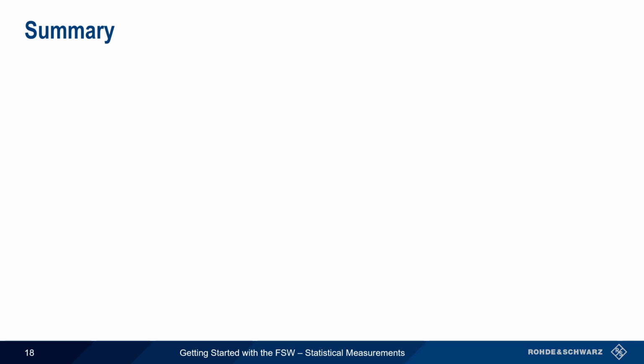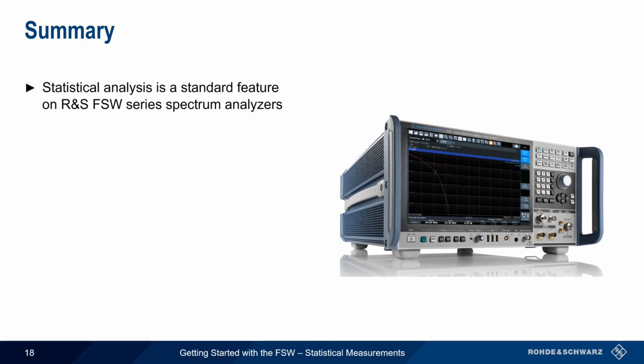Let's end with a brief summary. Statistical analysis is a standard spectrum measurement feature on all Rohde Schwarz FSW series signal and spectrum analyzers. The FSW supports both the amplitude probability distribution function, APD, and the complementary cumulative distribution function, CCDF.